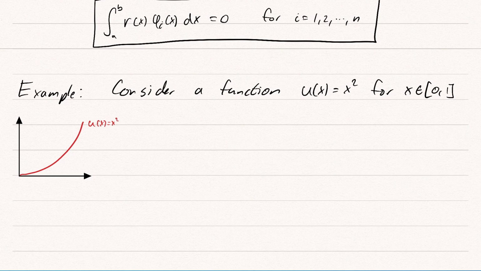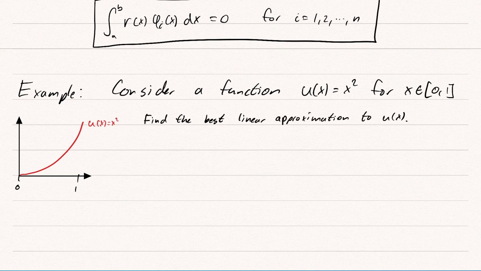So example, consider a function u of x is equal to x squared for x from 0 to 1, and find the best linear approximation for this function. So that's the problem statement. Find the best linear approximation.